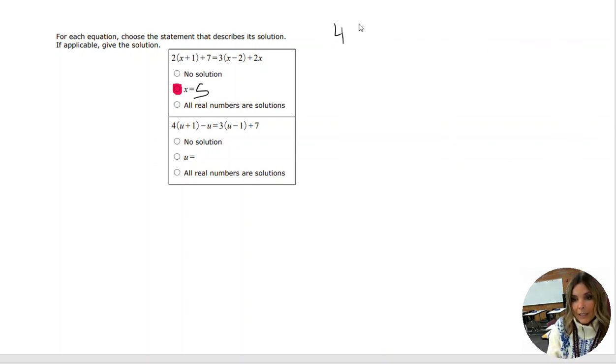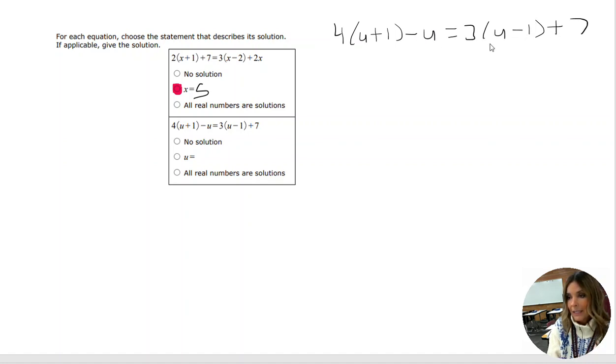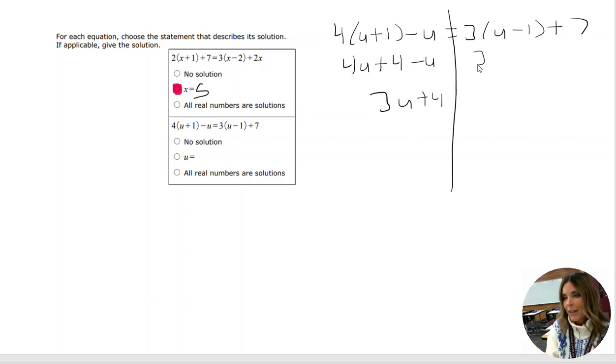So 4 times u plus 1 minus u is equal to 3 times u minus 1 plus 7. Okay, when we simplify the left side, we get 4u plus 4 minus u, which is 3u plus 4. When we simplify the right side, we get 3u minus 3 plus 7, which is 3u plus 4.